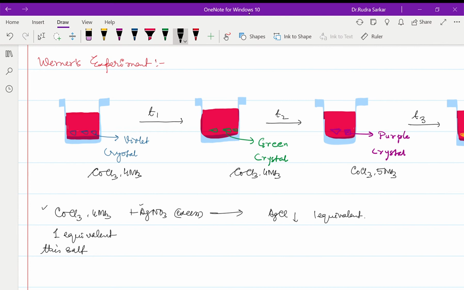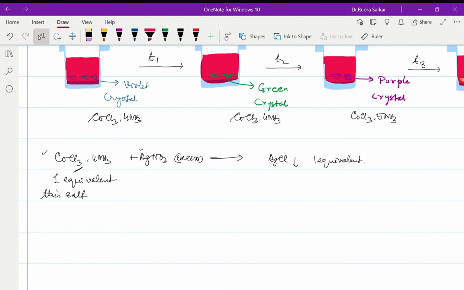But if you see carefully, here there are 3 Cl. He should have got 3 AgCl, right? But he's not getting that. He's getting only 1 equivalent of chloride. So that means only 1 chloride is free, the other 2 are not. From that, he got an idea.